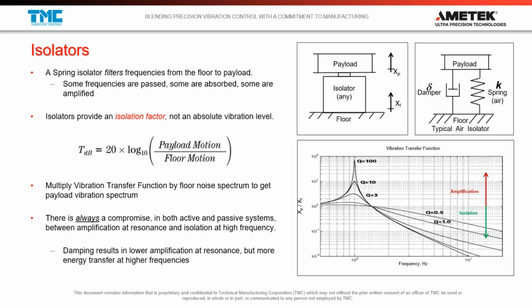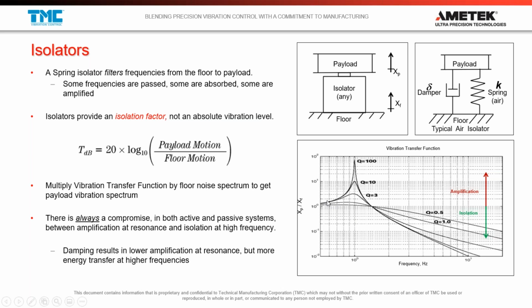In our most simple passive isolators, like a damped mass on a spring, you have trade-offs. And you always have a resonant frequency if you're not using an active system. Sometimes a passive isolator will act as a rigid body and pass low frequencies, like here on this chart.